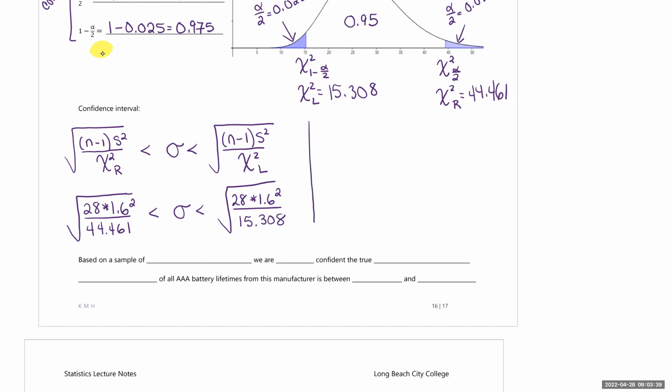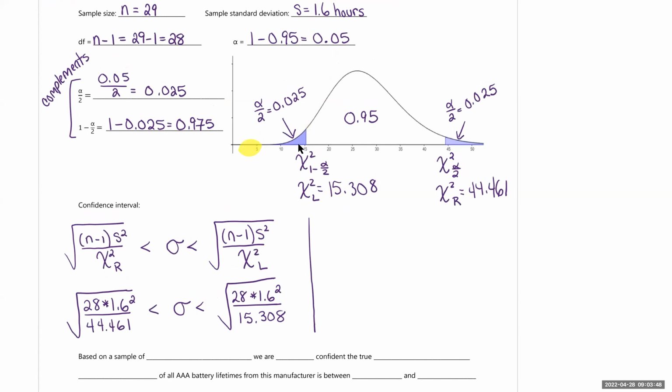All right, so confidence intervals for a standard deviation are not symmetric. This curve is not symmetric, so we don't have another form. Unlike what we did with means and proportions, we don't have a margin of error anymore where we can say plus or minus.